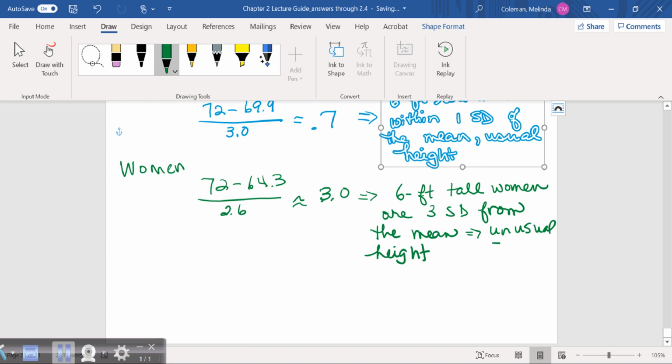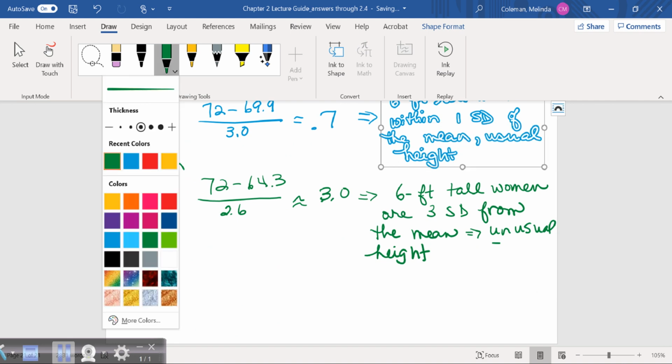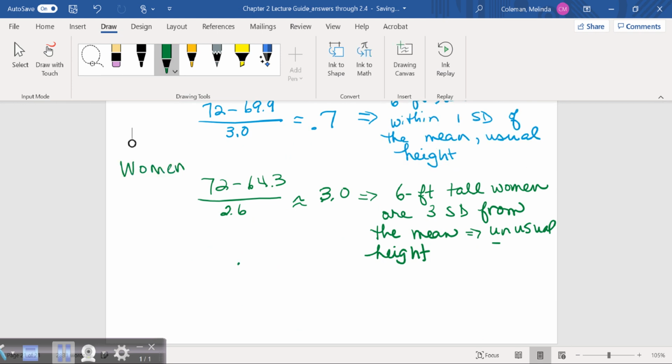And so in reality, again, this is going to tell us how many 6 feet tall women do you see, basically.